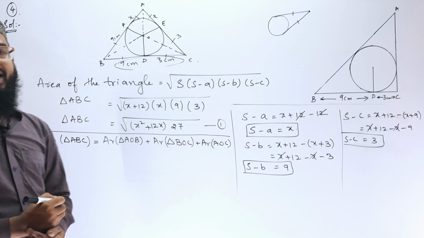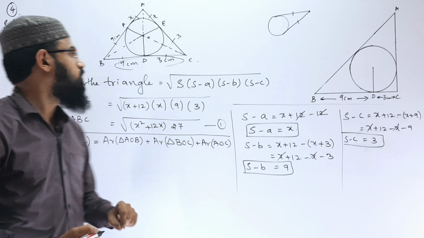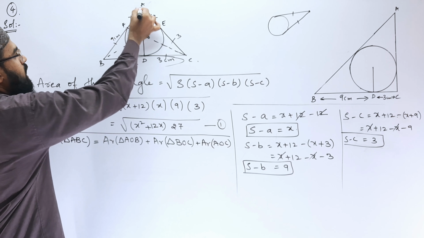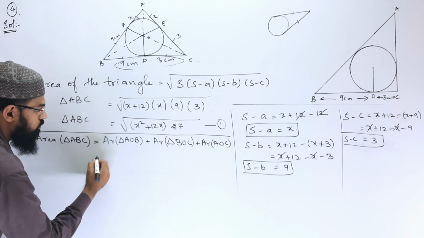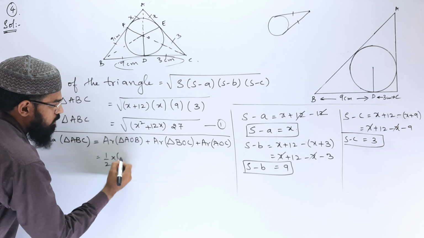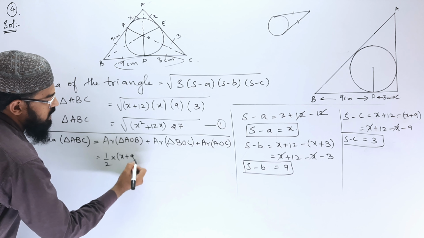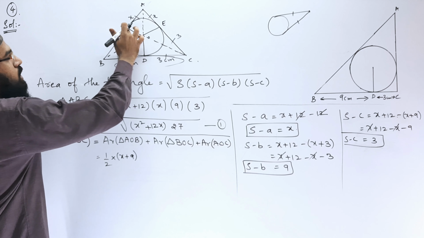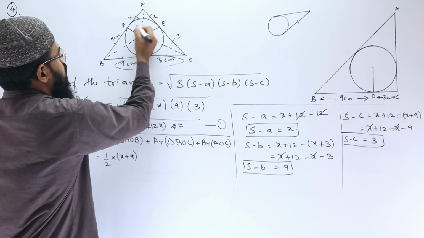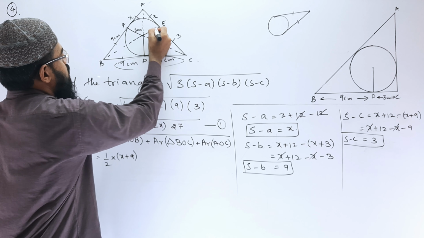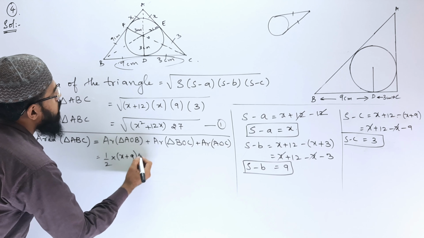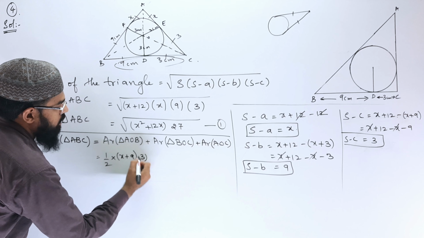We know that area of the triangle means half into base into height. So for AOB the base is AB, which is x plus 9, and the height is OF. We know the radius is 3 centimeter, it is already given. So the height is 3 centimeter.